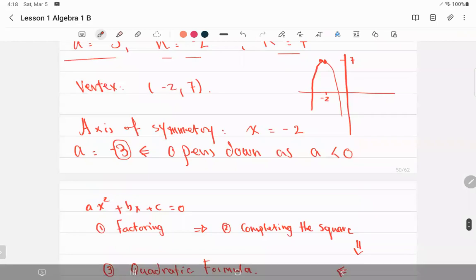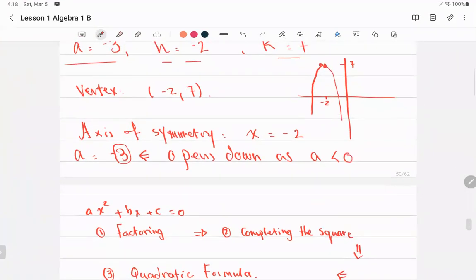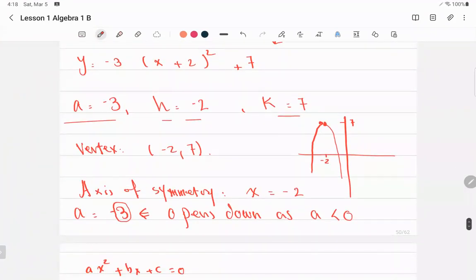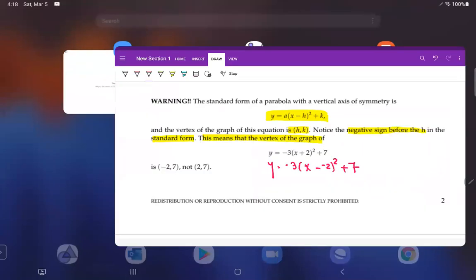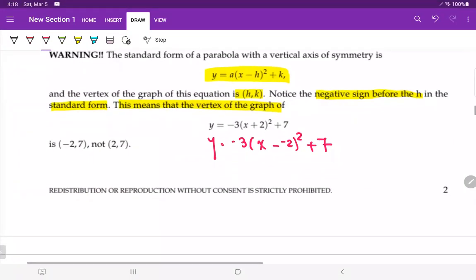No. Yeah, I mean, it's a good idea to rewrite it like this. H, okay. It's -2, 7, not. It's a common mistake, to be honest. That's why maybe here we have a warning that students mix up this. They think that's 2, 7. No, just take care of this. It's negative 2, 7.